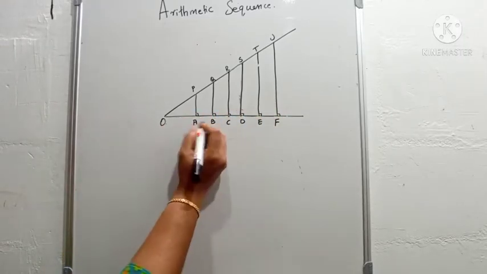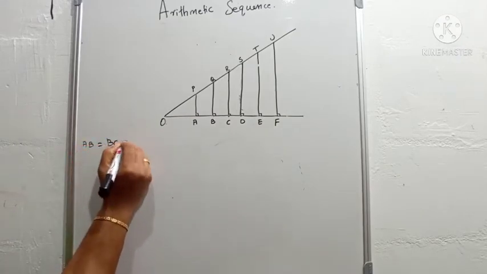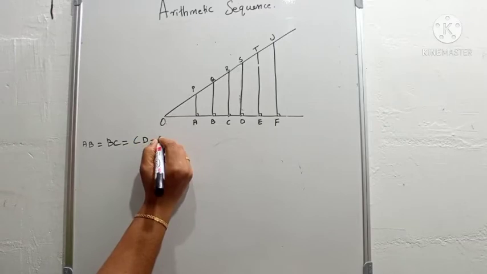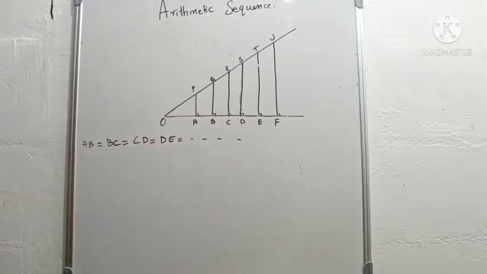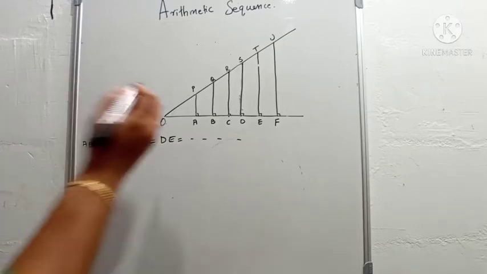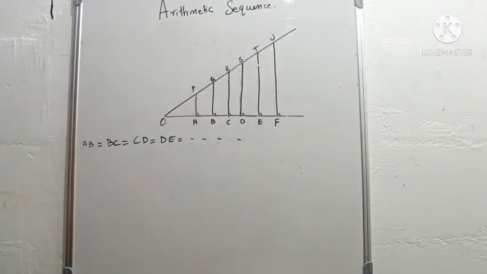That means AB is equal to BC is equal to CD is equal to DE is equal to etc. Okay, all such distances are equal, or the perpendiculars are placed equally. And we need to prove that the lengths of the perpendiculars form an arithmetic sequence.